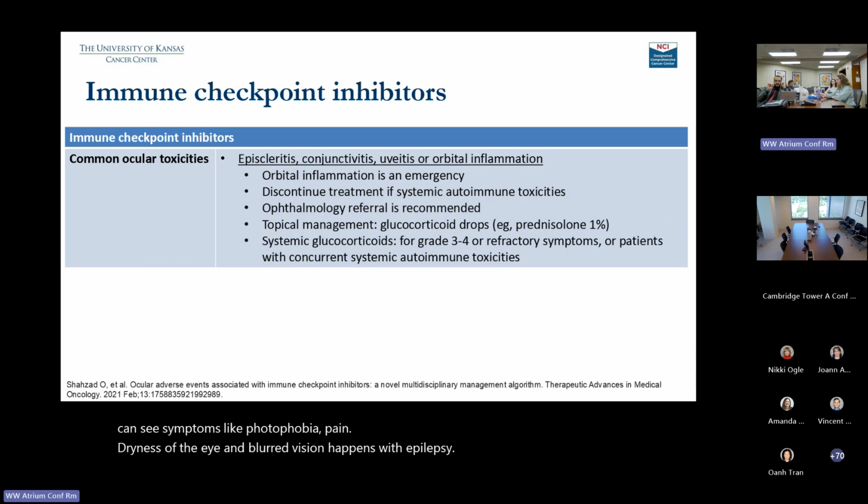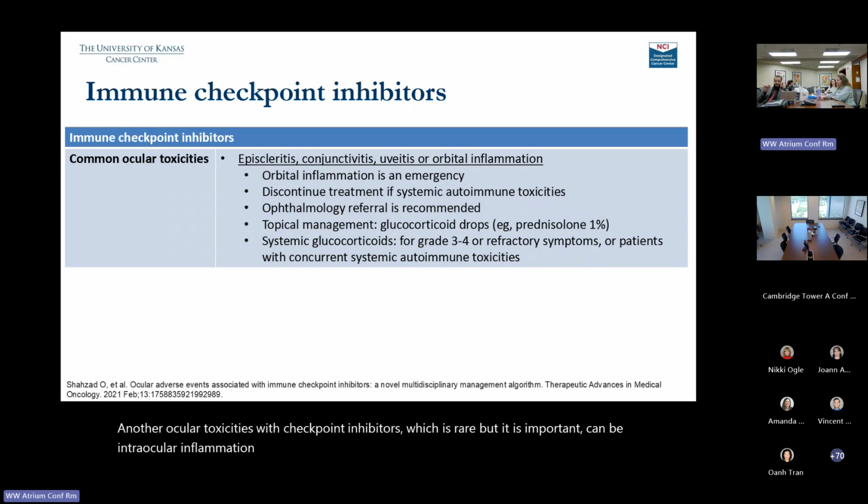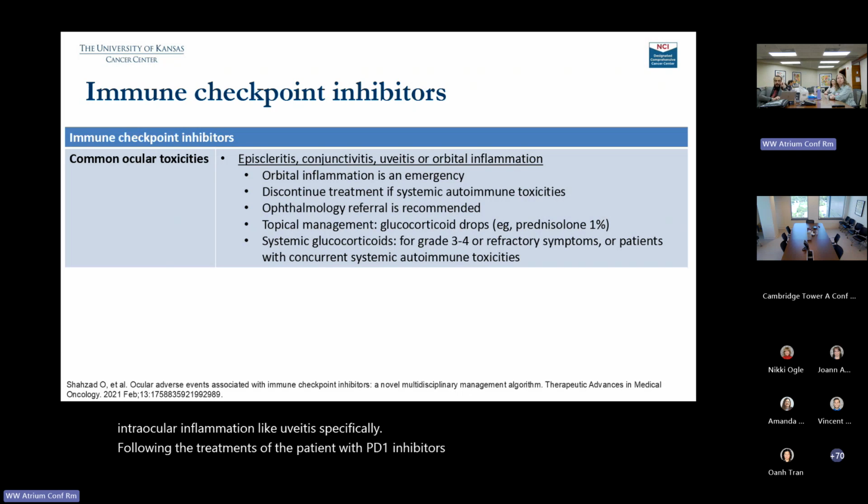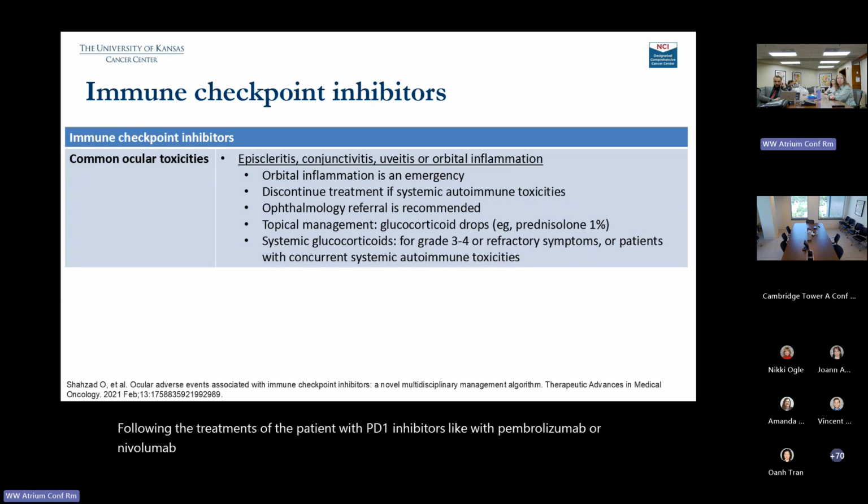Another ocular toxicity with checkpoint inhibitors, which is rare but important, can be intraocular inflammation, like uveitis specifically. Following treatment of the patient with PD-1 inhibitors, like pembrolizumab or nivolumab, uveitis may happen.